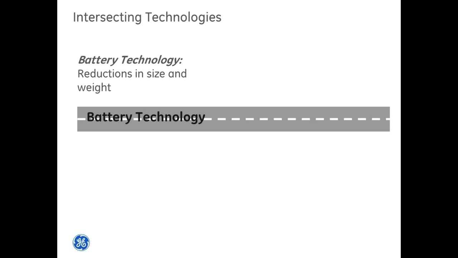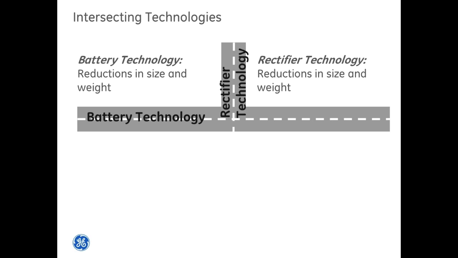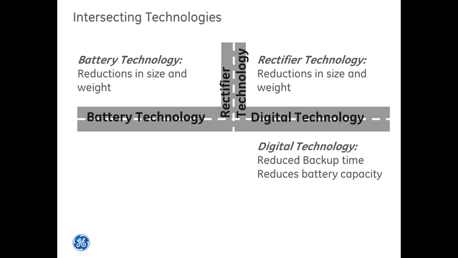So what we're seeing here is some intersection of technologies. With battery technology, we've seen significant reductions in size and weight. We've also got rectifier technology, with reductions in size and weight from the improvements in rectifier technology.